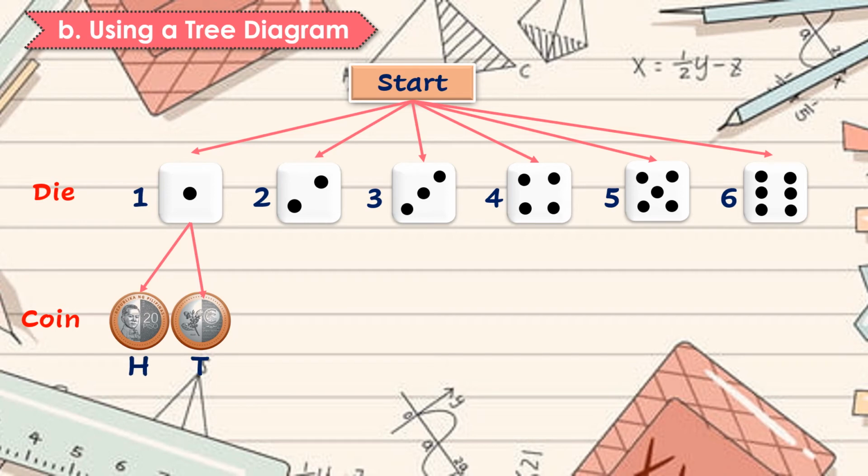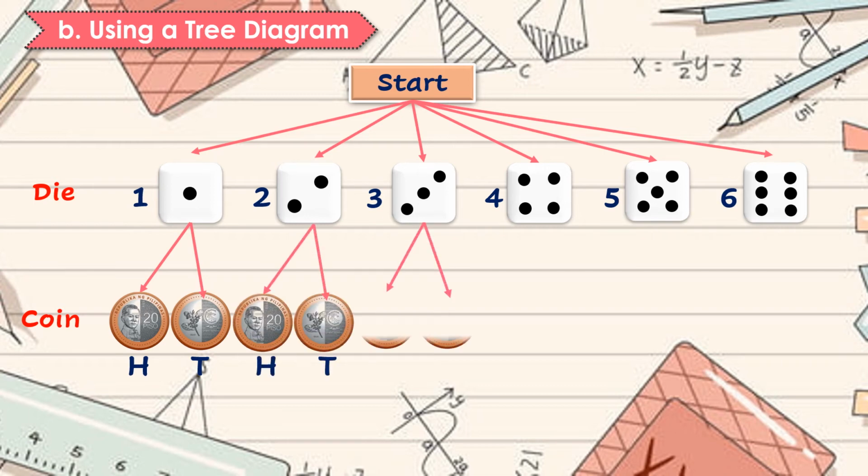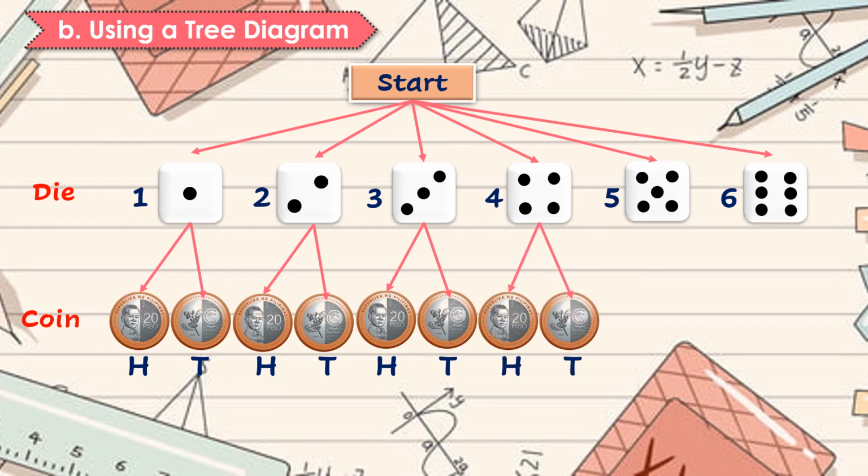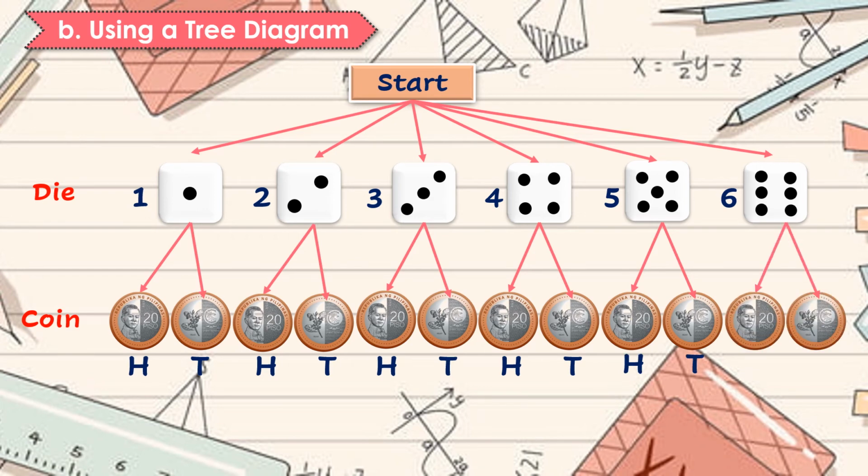So let's pair this for the first possible outcome for rolling a die, which is 1. So 1 head and 1 tail. Same with 2, with 3, with 4, with 5, and with 6.